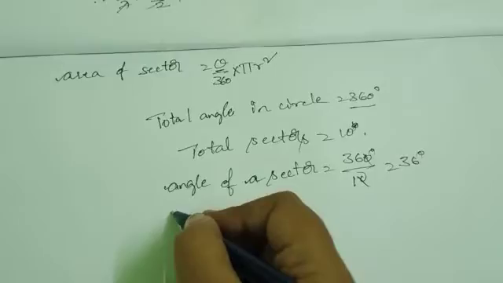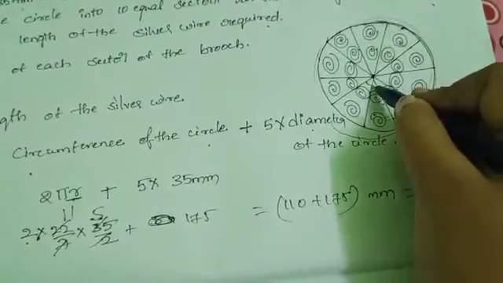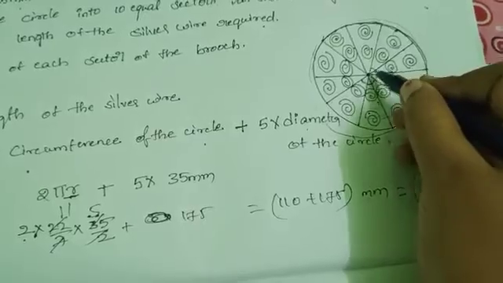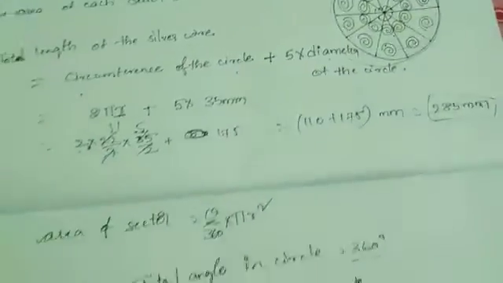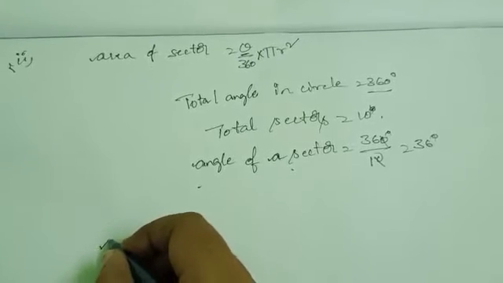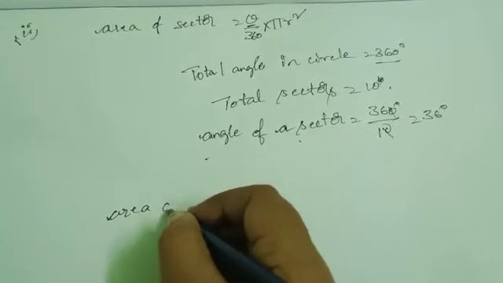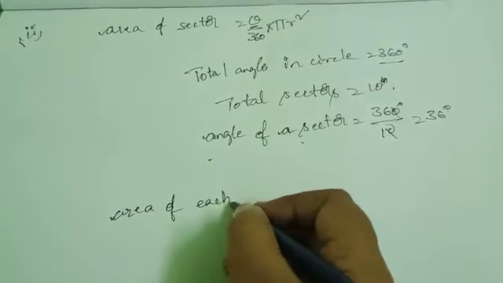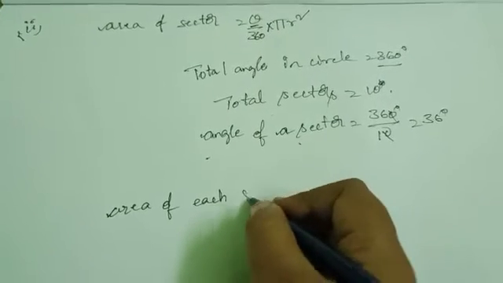That is 36 degrees. So the angle of one sector is 36 degrees. Clear? So now we have to find the area of each sector.